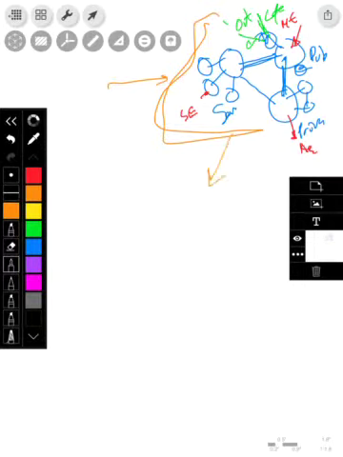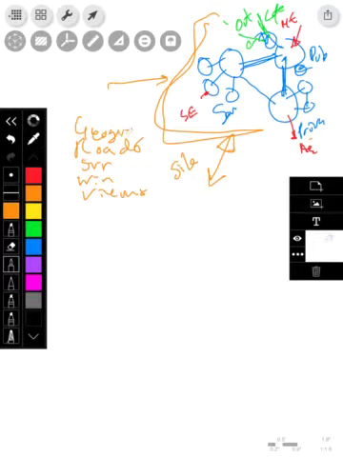Then, when we talk about the site plan, you have this overall idea, but in the site we have roads, we have the sun, the wind, the views, the geography.